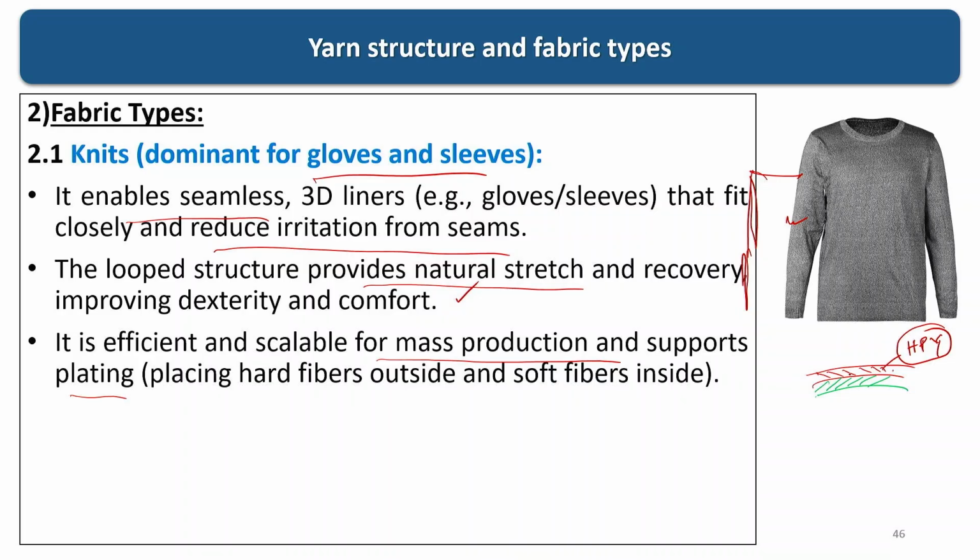It may be made of para-aramid, HPPE or stainless steel, but inside we can have something like cotton. So, in knitting it is possible to produce the plating structure. Hard fibers are at the surface, soft fibers are inside, in touch with our body part. That will improve the comfort, and at the same time the protection level will be intact.